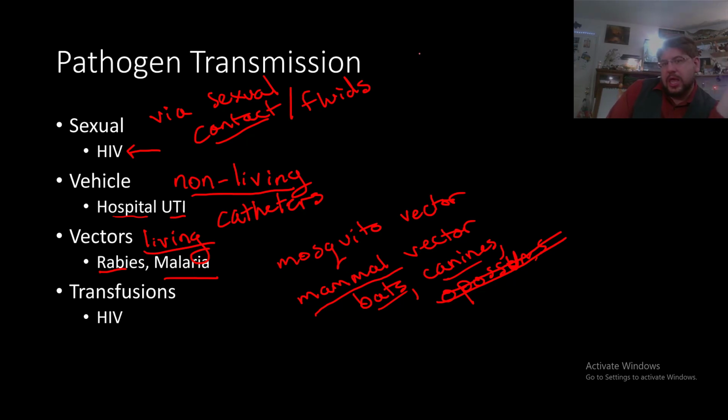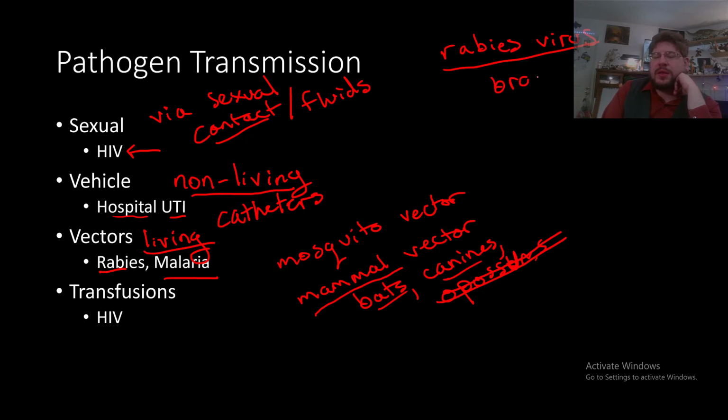Time for a little tangent, because rabies is cool. I don't know if I should say cool, but it's really fascinating. The rabies virus has sort of a two-stage thing. The first stage of the rabies infection is where it migrates to the brain, and it does some wacky stuff in the brain.